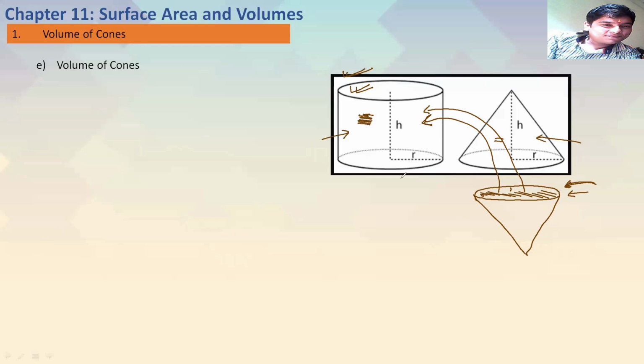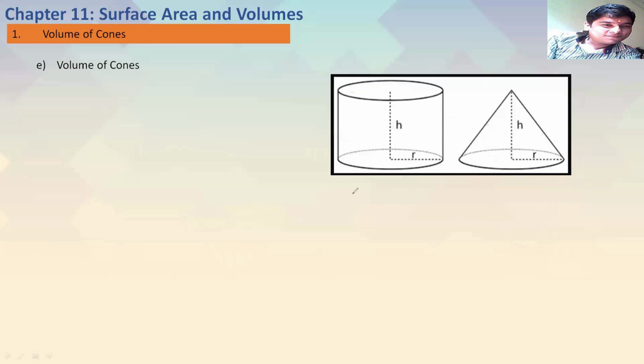So what can we say then? We can say that volume of cylinder is three times volume of cone. Do you not understand this? What did we do?